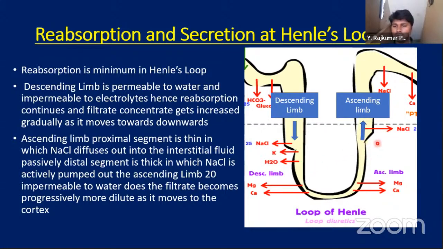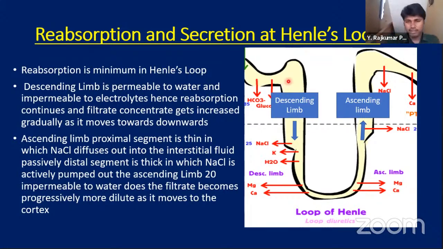Since the NaCl is moving outside, the solute concentration is going outside. That is the reason as the filtrate moves upwards, its concentration gets decreased because of the removal of some salts from filtrate. Okay, it is impermeable to water, so the filtrate becomes progressively more dilute as it moves to the cortex region.